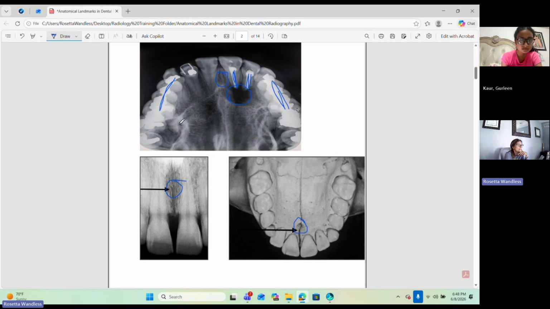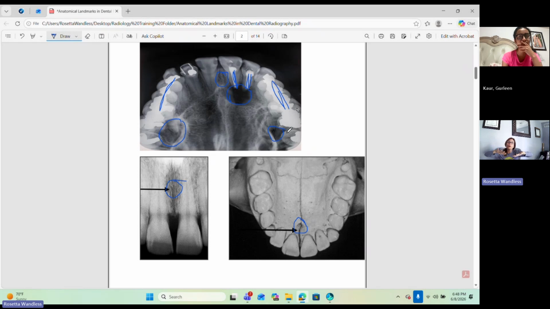You can actually see the maxillary sinuses as well. This black part here, this black part here. And I can also see the base of the sinus, like the bone. The sinus is the airspace, and the bone would be called the sphenoid or the ethmoid bone.